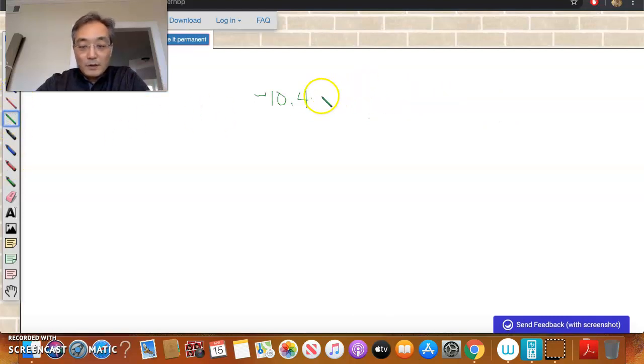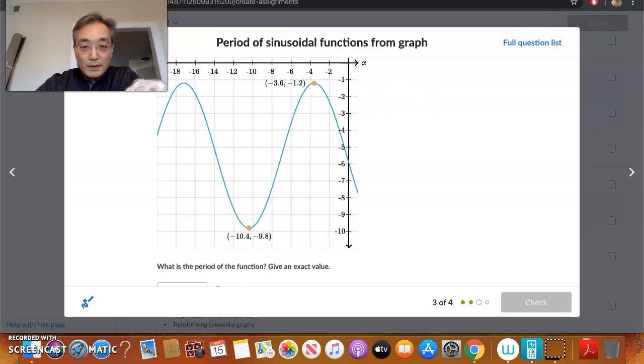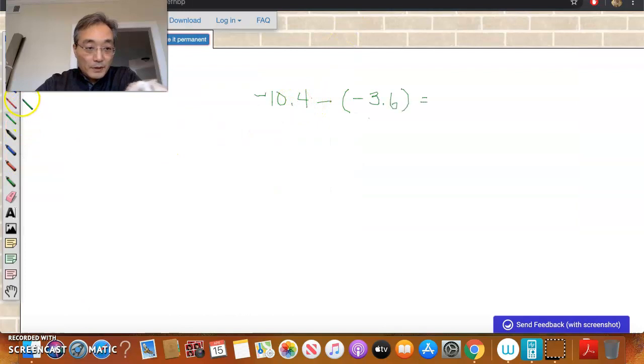So negative 10.4 minus a negative 3.6, right? And that's going to be plus plus here, of course. Keep change change, and we're going to get negative 6.8. Since we're talking about distance, we're going to take the absolute value of this number, and that gives us 6.8.